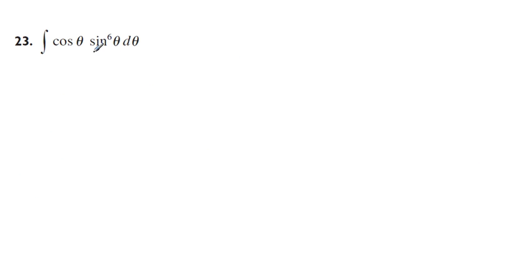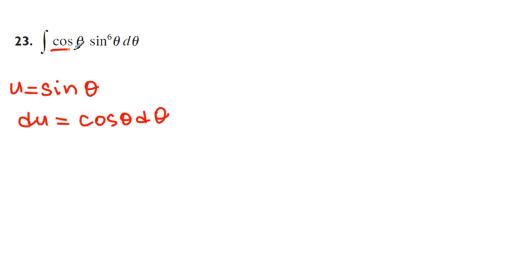Here, yes, you can easily see that. If you set sine of theta as u, then du, in fact, becomes cosine theta d theta. And we see that clearly over here. Then in this case, what we end up getting is sine to the 6th power of u. Oh, my bad. Not that. Sorry.